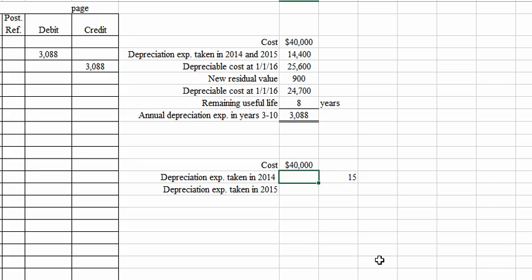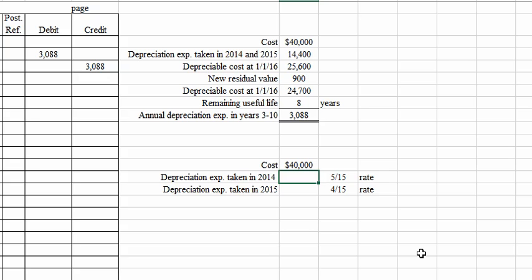So what we're going to do here, we know our denominator is going to be 15. So our rate this year would be 5 over 15, and our rate in 2015 would be 4 over 15.